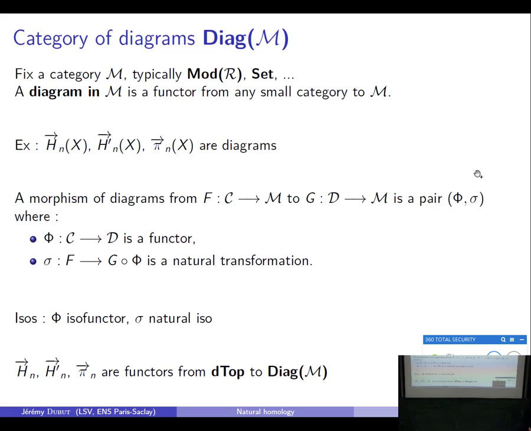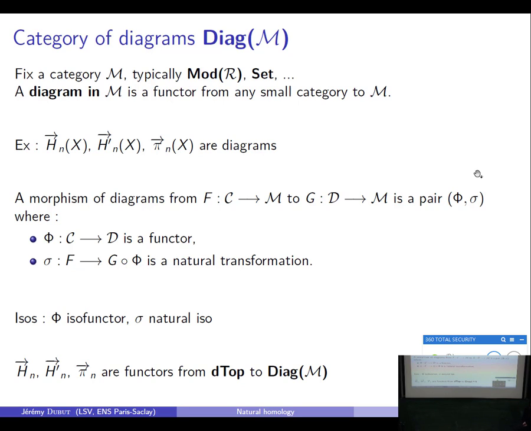Bimodule homology and natural homology are both instances of what is called a diagram in a category. That is just a functor from a small category to a specified category, typically a category of modules. And there is a notion of morphism of diagrams, which is just a pair (phi, sigma), where phi is a functor between the domains of the two diagrams, and sigma is a natural transformation from F to G phi.